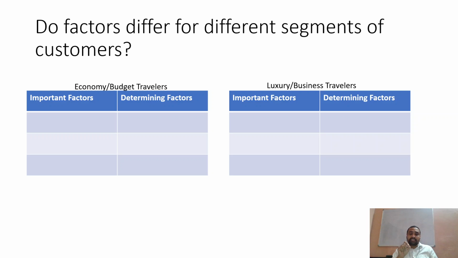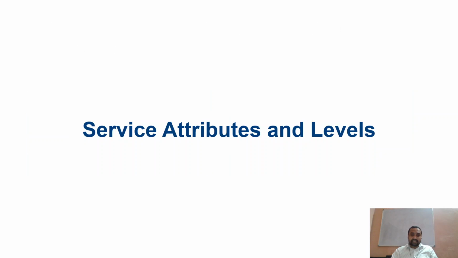But when it comes to determining factors, there are plenty of things, right? The economy traveler would place more emphasis on budget. But the luxury traveler may be looking for amenities, the kind of facilities, the kind of status, the kind of luxury. And based on these, they take decisions.